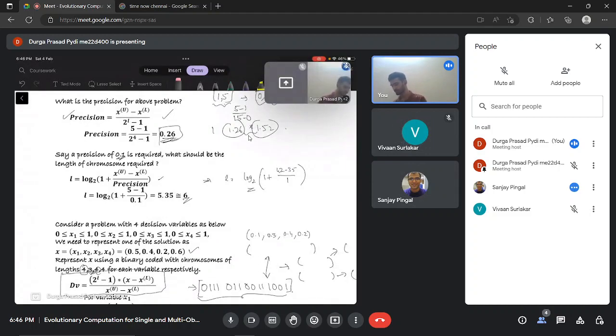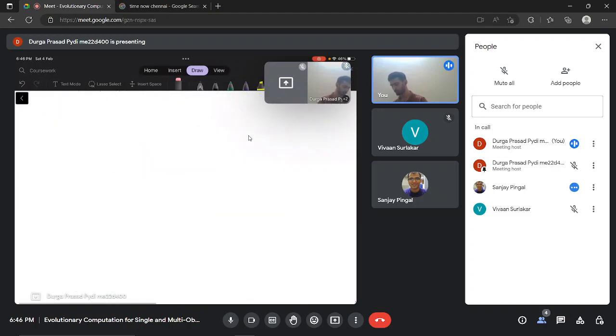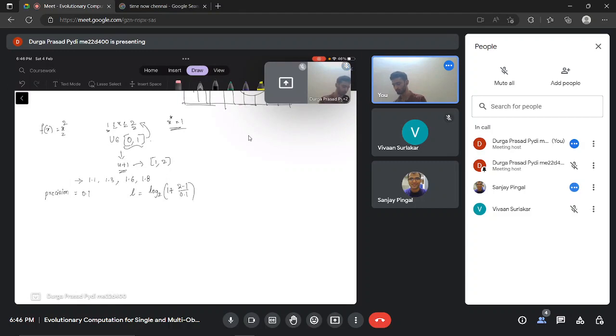So if you can see here, you can just use this particular formula to come up with the value of the chromosomal length you will require. Here it is 2 minus 1 by 0.1. So this gives you, does anyone of you have a calculator? One second.